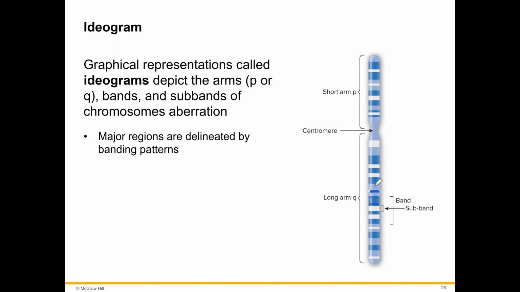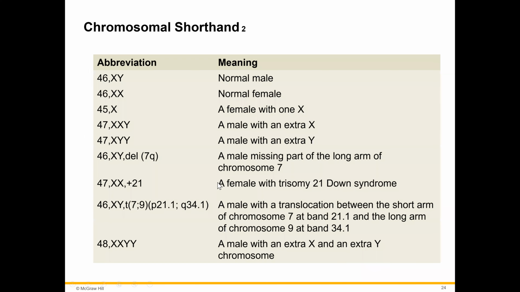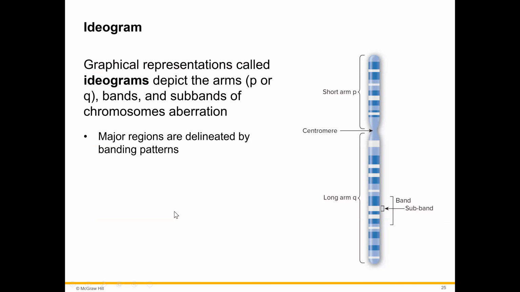We use a specific technique that colors different parts of chromosomes into darker or lighter bands. That's a band, and this is a subband, and we give them numbers. For example, over here, it tells us this is band 21.1, so it's band 21 and subband 1.